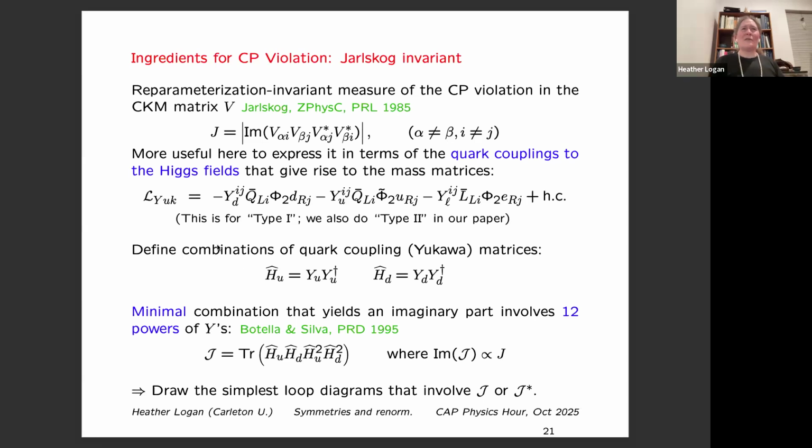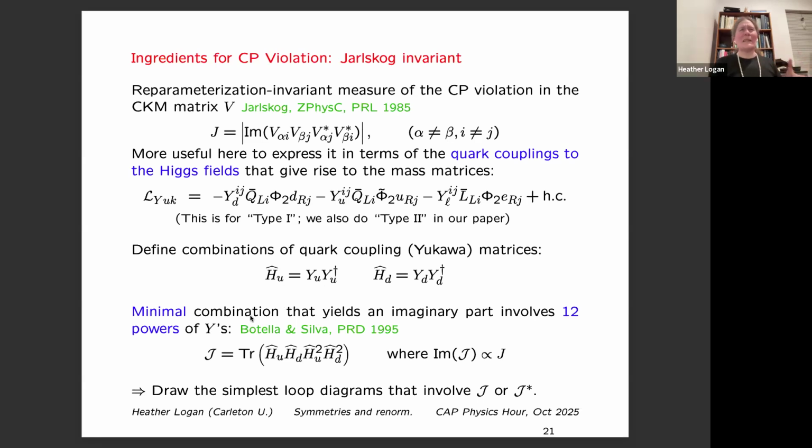And you can define combinations of these so-called coupling matrices, like this, Y_U Y_U dagger, this is Hermitian, Y_D Y_D dagger, this is also Hermitian. These combinations show up basically when you flip from left to right and then from right back to left, okay?